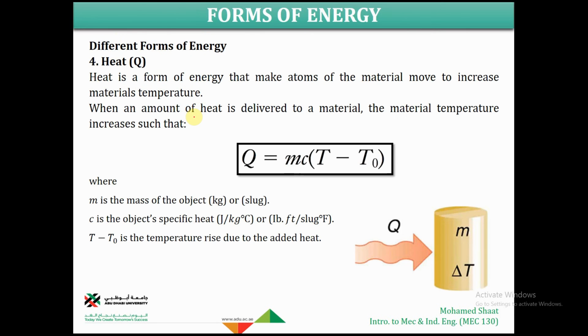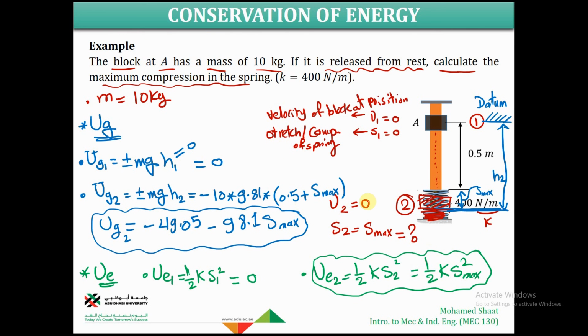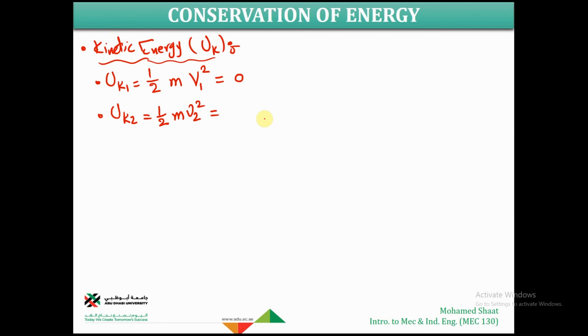The speed of the object at position 2, we also got as 0. But as I said, it is not necessary to be 0. It could be any other value, which we can identify, or it could be given to us. But for this case, based on our understanding of this problem, we found that the velocity of the object at position 2 should be 0 as well, indicating that the kinetic energy of the object will be 0.